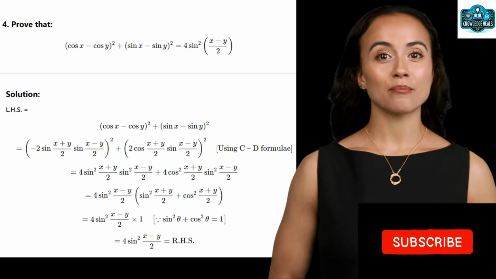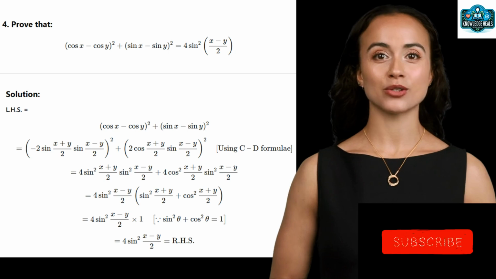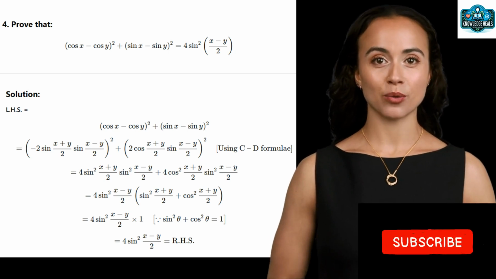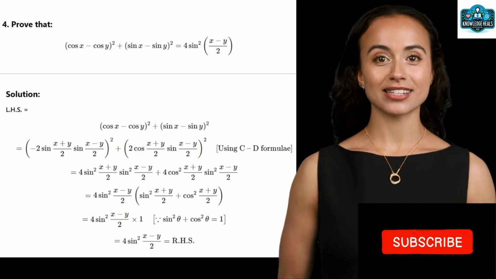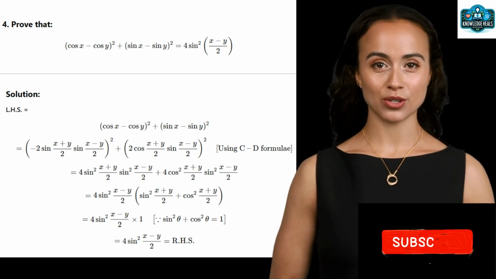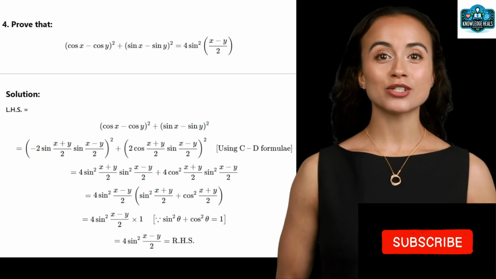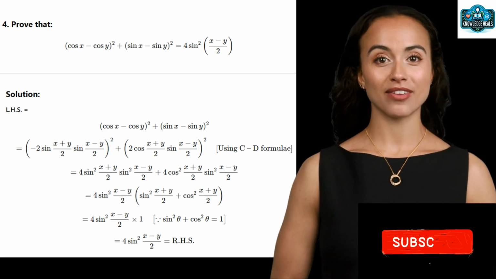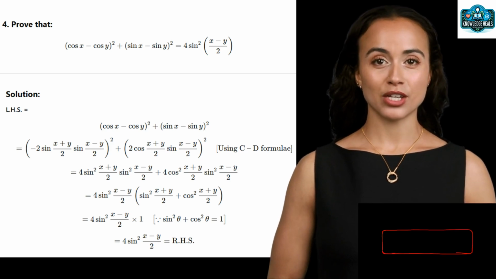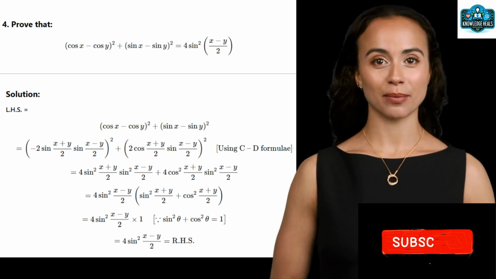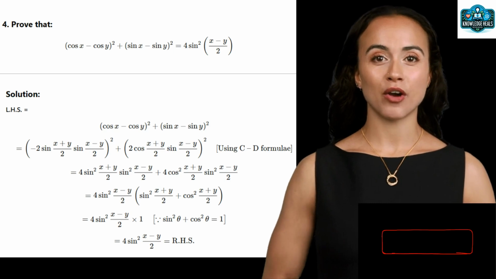As we simplify more, we can take out 4 sin square (x minus y) by 2 common, and we get the equation 4 sin square (x minus y) by 2 into sin square (x plus y) by 2 plus cos square (x plus y) by 2. Now we will use the identity sin square theta plus cos square theta is equal to 1. So we get our required equation as 4 sin square (x minus y) by 2, which is equal to RHS.